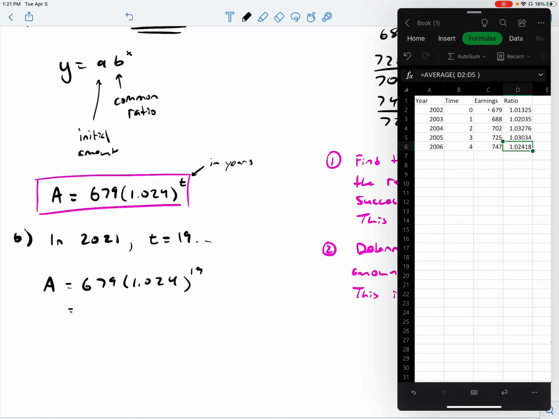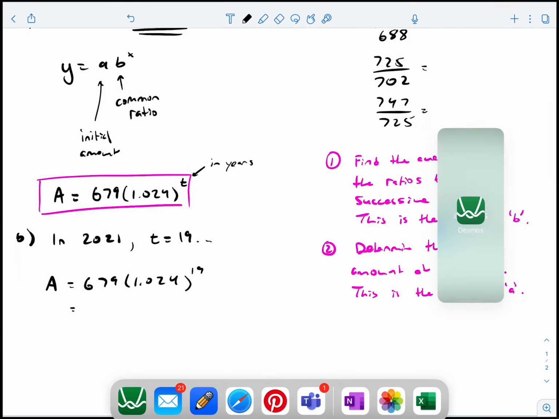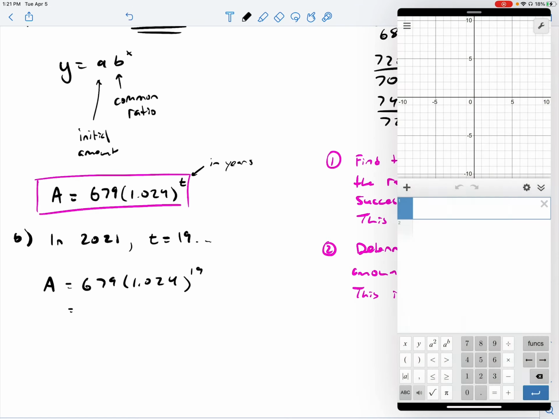Let's see what we get. That's not Desmos. Here's Desmos. So 679 times 1.024 to the exponent 19. So according to this, Canadians should be making on average $1,056.54 per week.